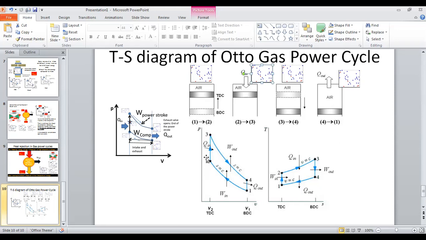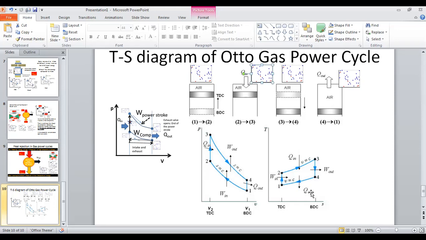So isentropic expansion, 3 and 4 constant entropy. It expands, work out. Obviously at 4 the temperature is higher, and S3 and S4 are the same.